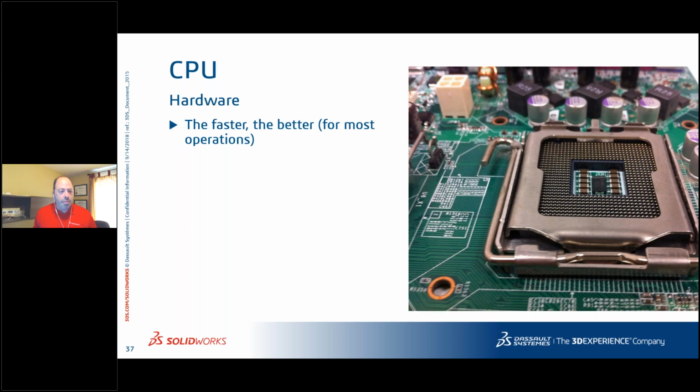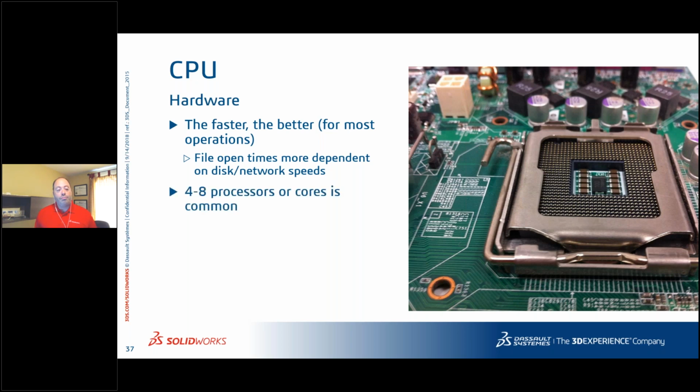But the faster is still the better for most operations. But there are some operations that don't rely as much on CPU. For example, open time is going to be more dependent on disk and network speed than on CPU. Typically, 8 processors or cores is going to be common, the norm.